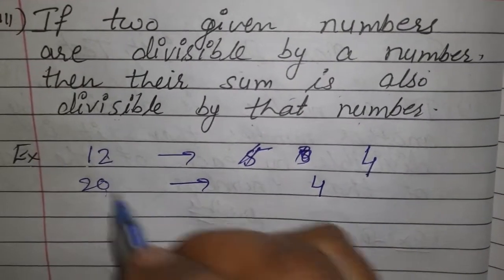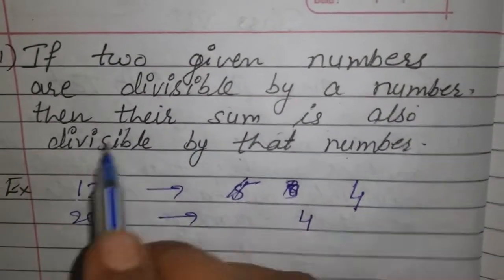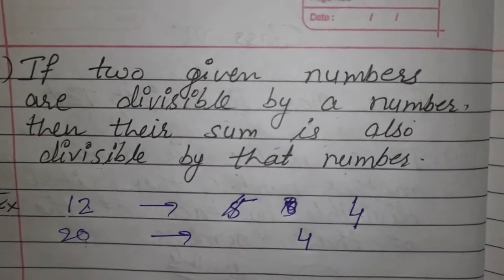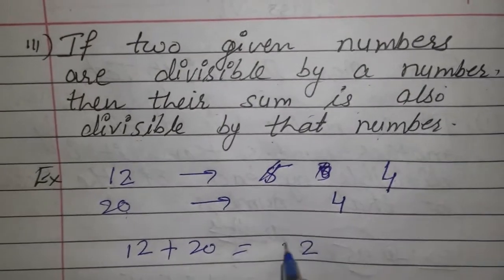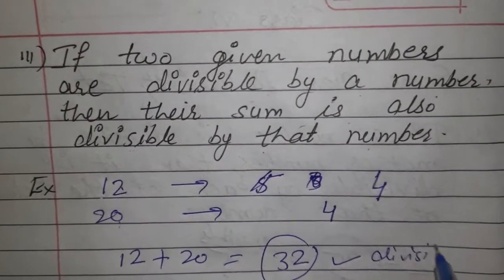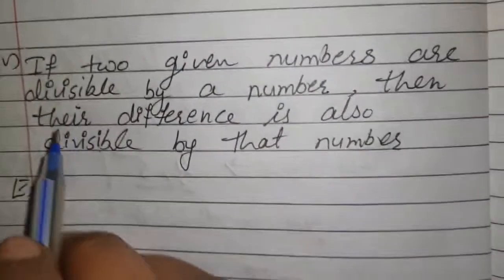So both numbers are divisible by 4. So what is written? By a number, then their sum is also divisible by that number. Sum means add these two numbers. 12 plus 20, that is 32. Means this 32 is also divisible by 4.